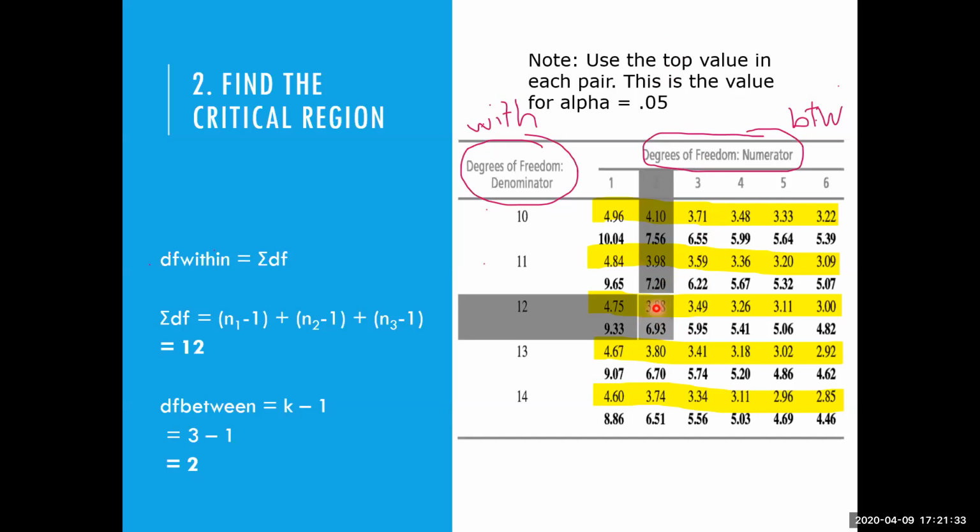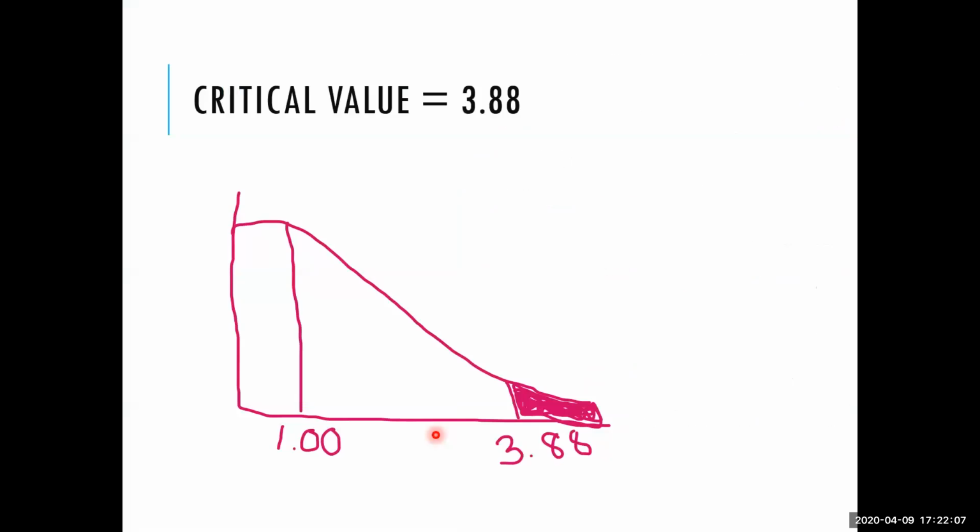So just in case it doesn't show for you, I wanted to make sure you knew that it's the top number for each pair that gives an alpha of 0.05. I highlighted all of the correct critical values here. And again, notice they're at the very top of the pair for the critical value. Hopefully I made that a little more clear.